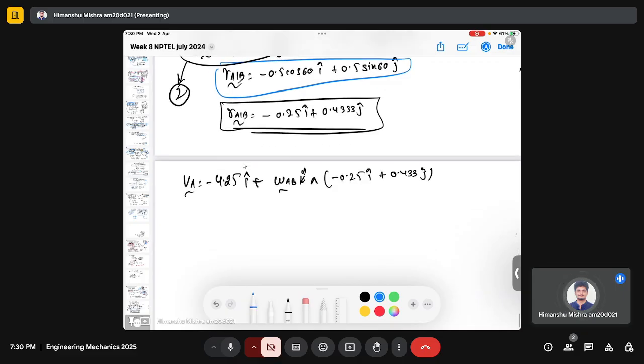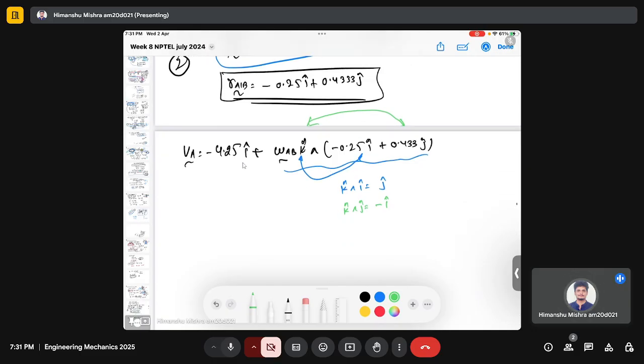Now we can always first evaluate this cross product term, and we know that if we take the cross product between k cap and i cap, we will get the answer in the j cap. If we take the cross product between k cap and j cap, we will get the answer in minus i cap. And the magnitude will be omega AB multiplied by 0.433.